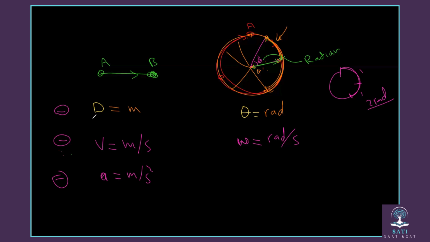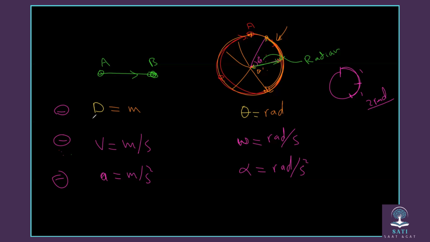Here now, the angular acceleration means the change in angular velocity divided by time. So it's going to be radian per second, which is velocity over the time again. So that means it's going to be radian per second squared.